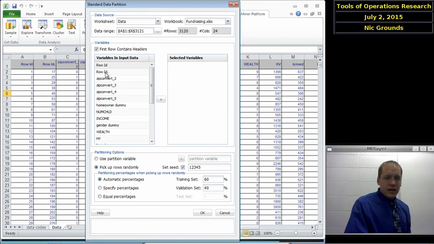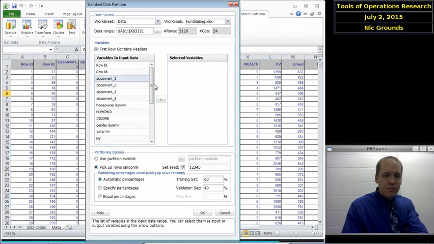And again, for whatever reason, this particular data set has 2 fields at the beginning here, which are ID numbers. One of them is just a sequential number, 1 through 3,120, and the other is some other identifier, maybe their ID number or attendee number or something like that.